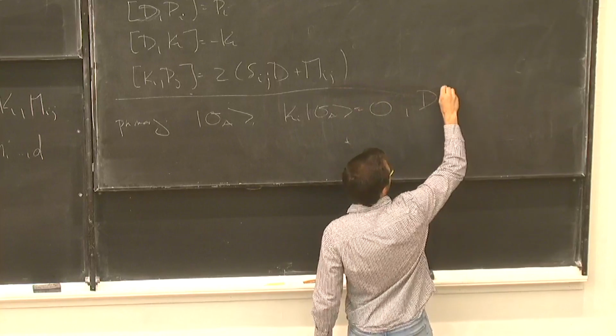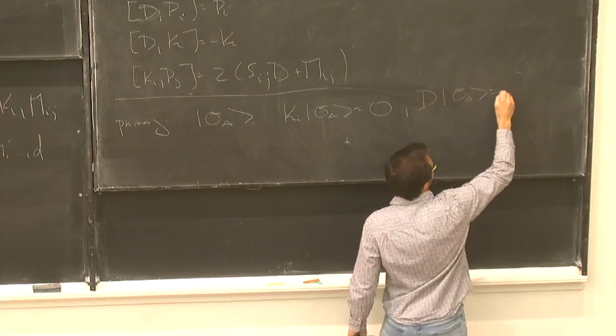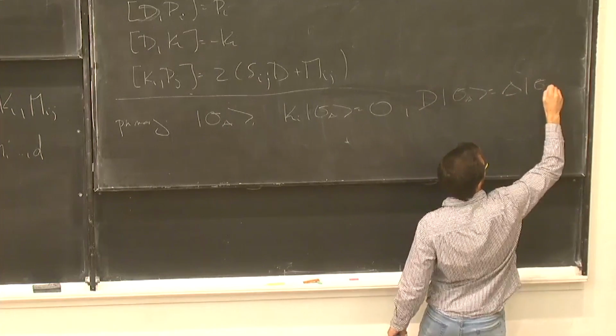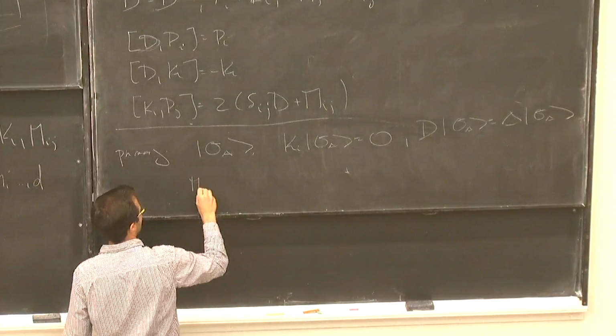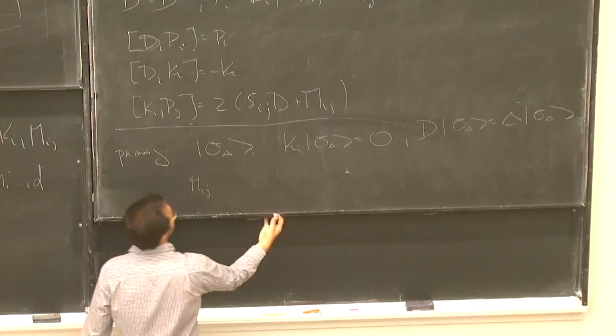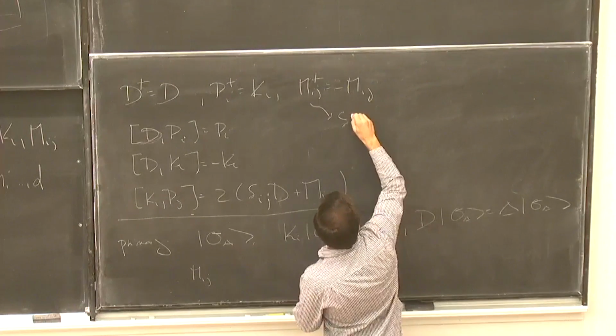It has a fixed eigenvalue under D, which is called a scaling dimension, and it transforms in some irreducible unitary representation of the rotation group. So these M_ij's now generate a group SO(d).